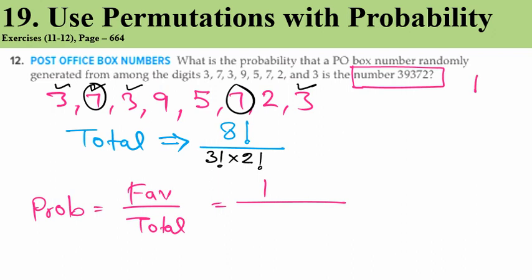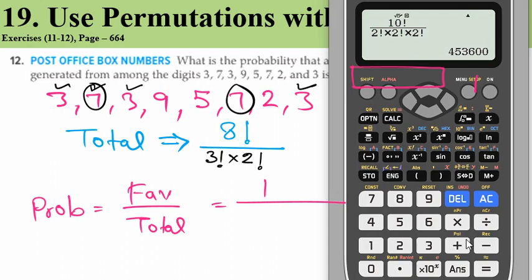Now solve this in the calculator. Use the fraction sign again, 8 shift factorial in the numerator, and in the denominator 3 factorial multiplied by 2 factorial. What are we getting?